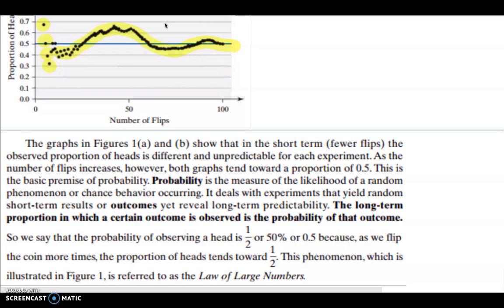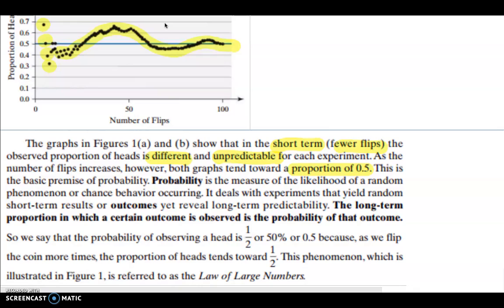Again, in the short term, with fewer flips, it's very different and unpredictable for each experiment. It just bounces all over the place. But as the number of flips increases, the graph tends to get close to the proportion of 0.5, and this is kind of the basic premise of probability.